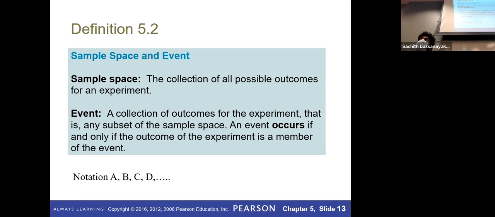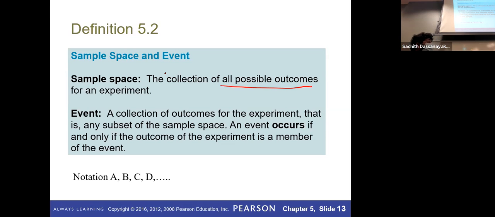Before we do that, let me explain this. If you have a question, you know what are all the possible outcomes, right? So all those possible outcomes we call sample space. It's the name we use to mention all possible outcomes in your experiment.